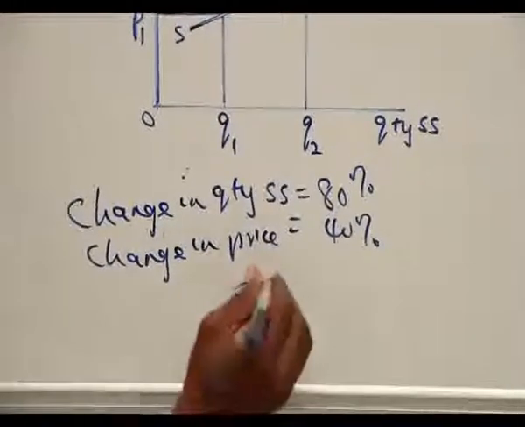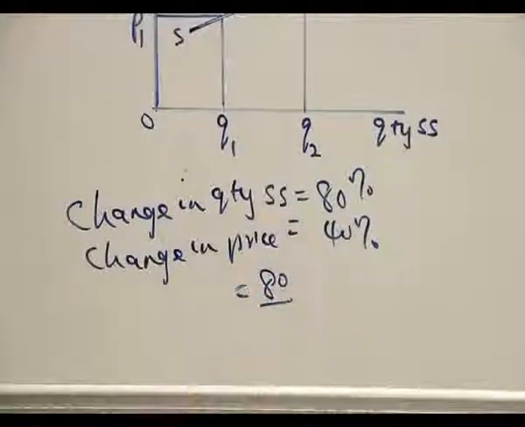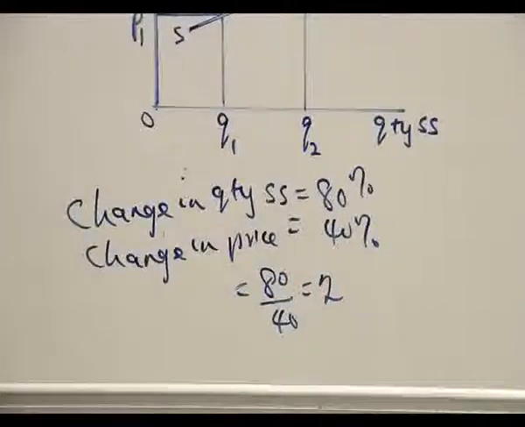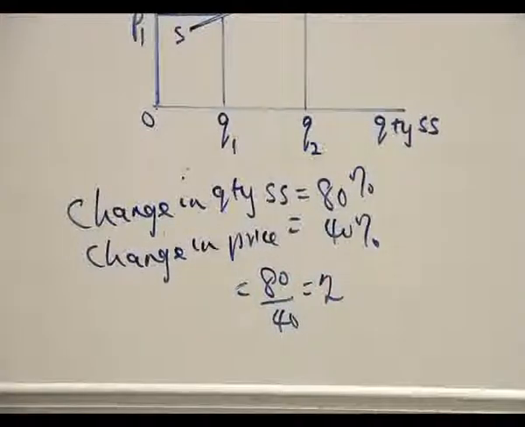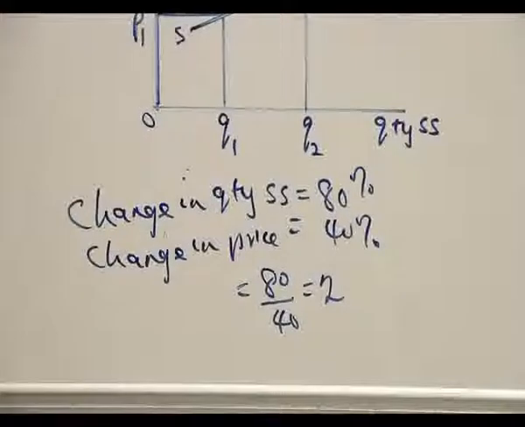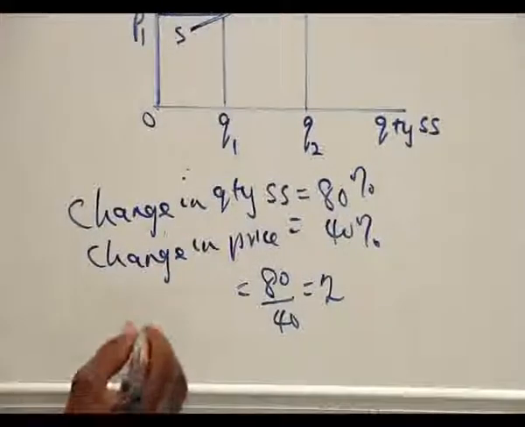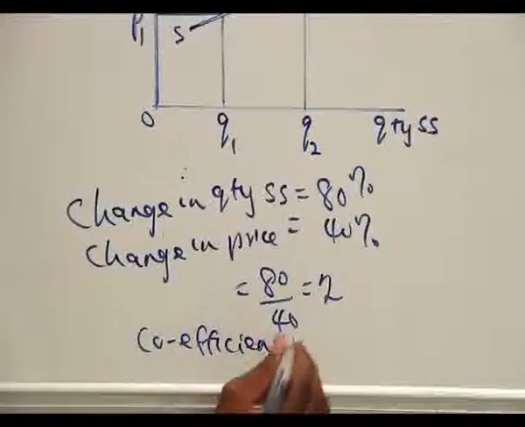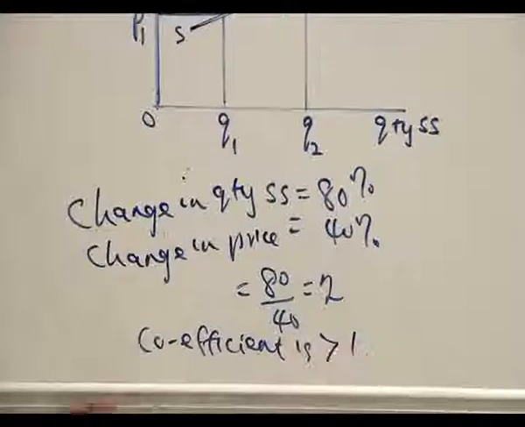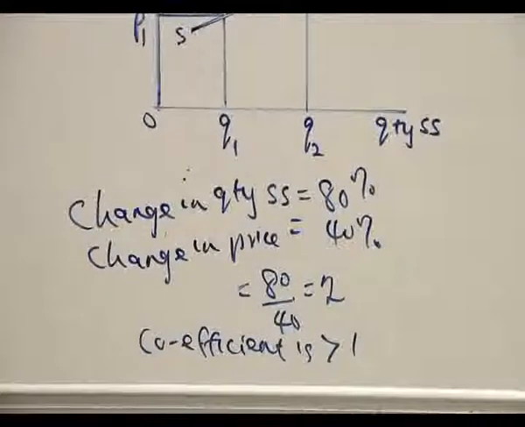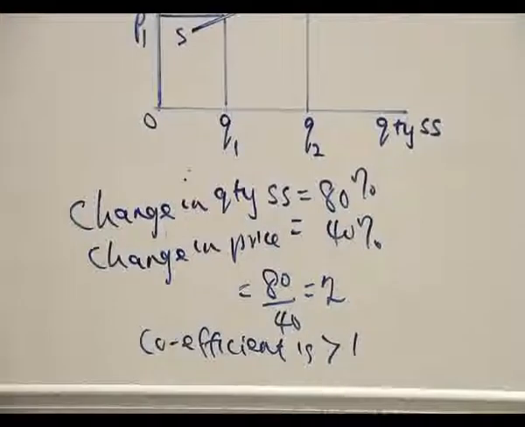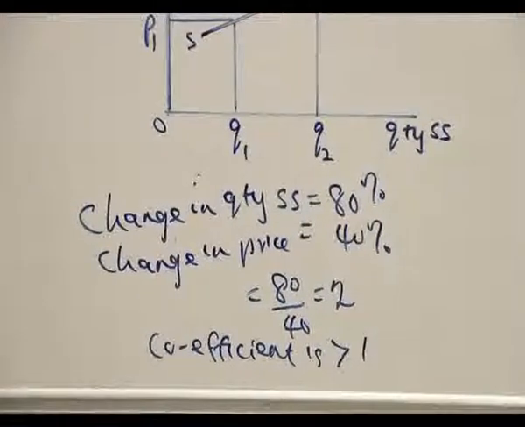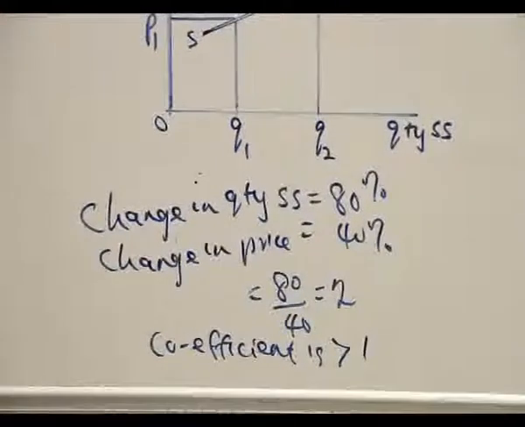The change in quantity supply, 80, divided by change in price, 40, equal 2. So this is what we call elastic supply because the coefficient is greater than 1. Whenever the coefficient is greater than 1, it implies elastic supply, which is defined as change in quantity supply greater than change in price.